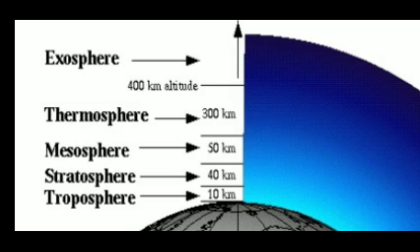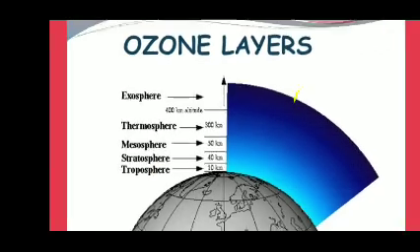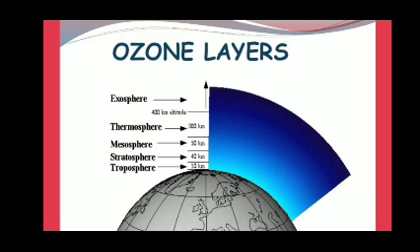These layers are present in the environment or atmosphere. In this atmosphere, the ozone layer is present in the stratosphere, which is 50 to 70 kilometers above the surface of Earth.